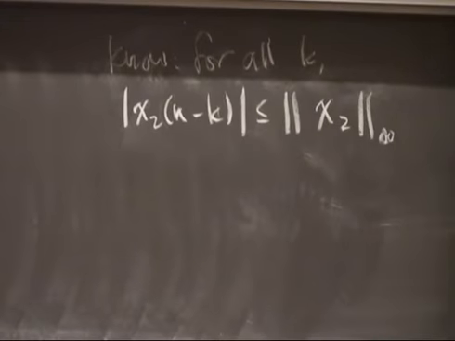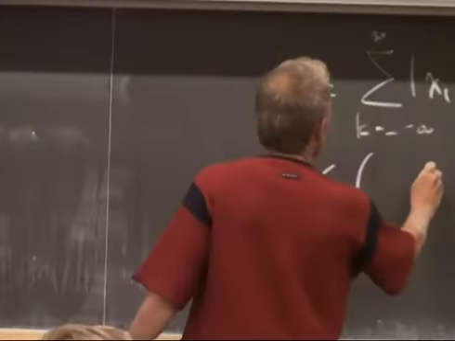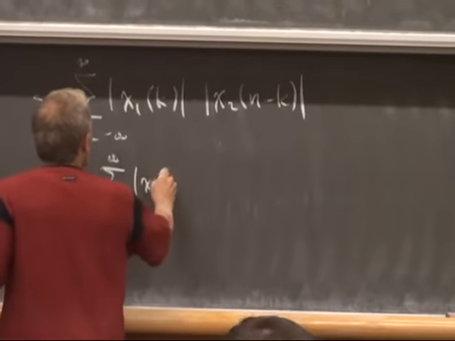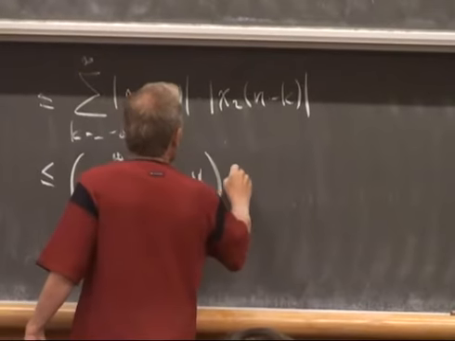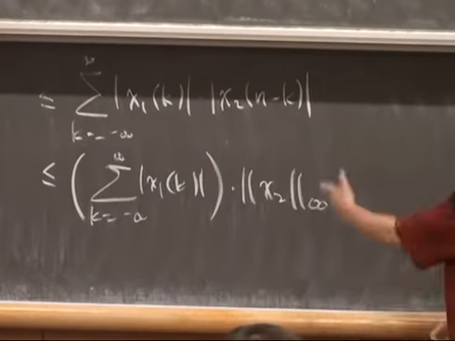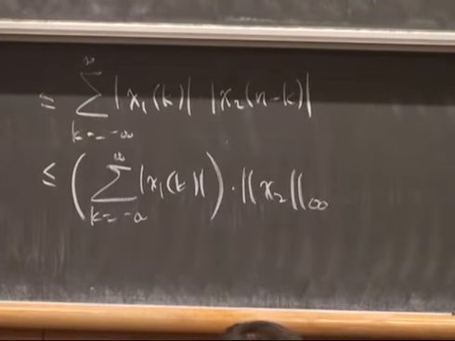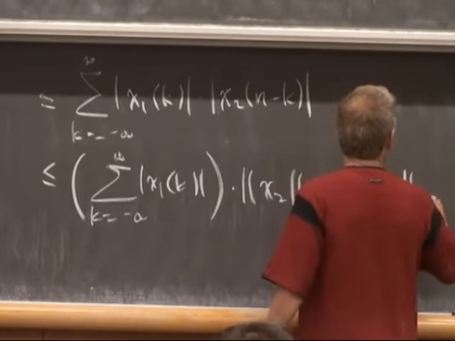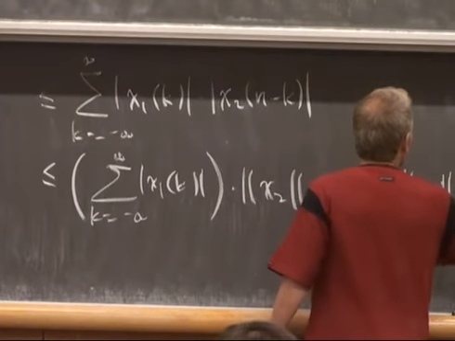So this whole thing is less than or equal to the sum from k equals minus infinity to infinity of the absolute value of x1 of k, all that times the infinity norm of x2. And what's the expression in the parentheses? Yes? The one norm of x1. Yeah, the one norm of x1, times the infinity norm of x2.